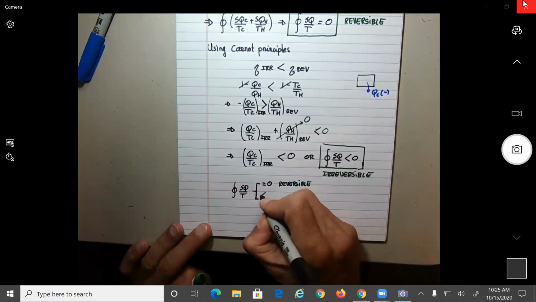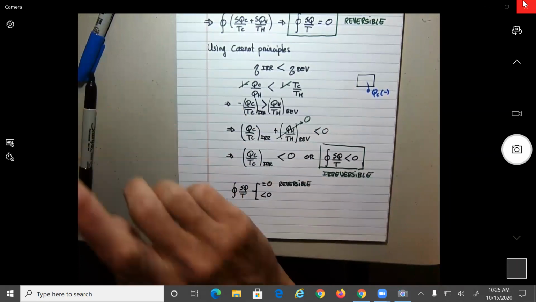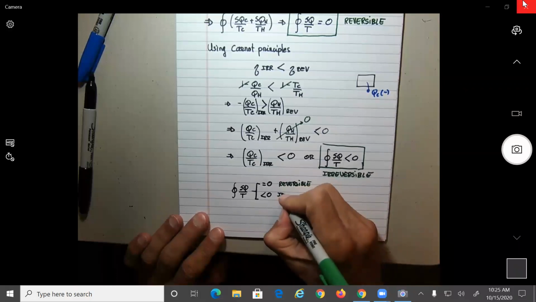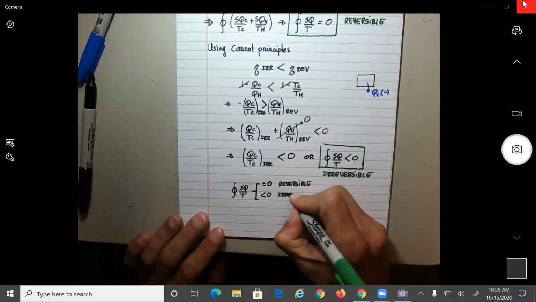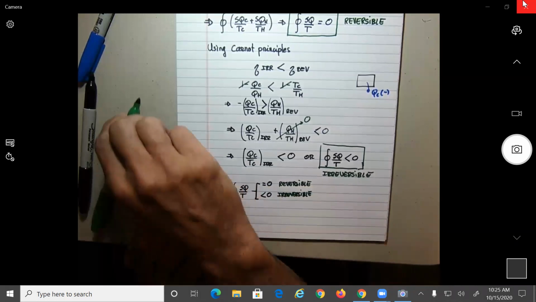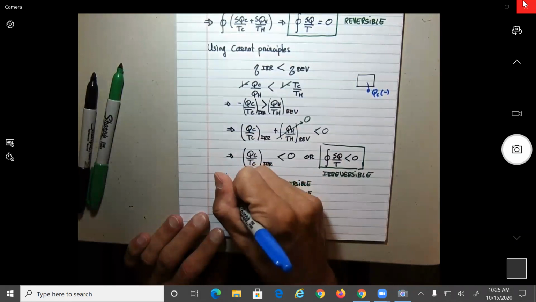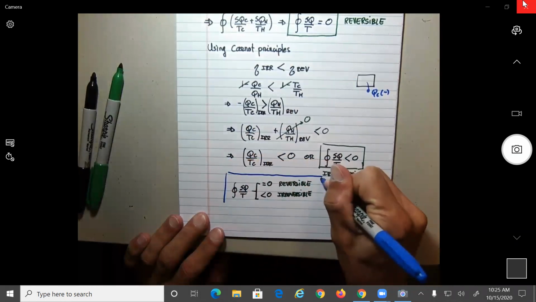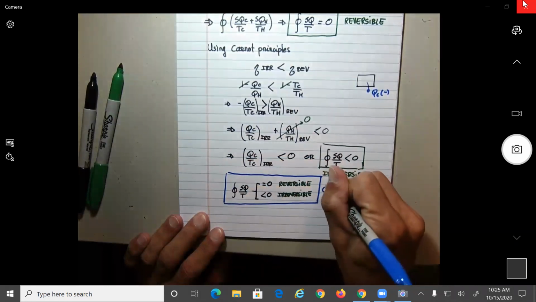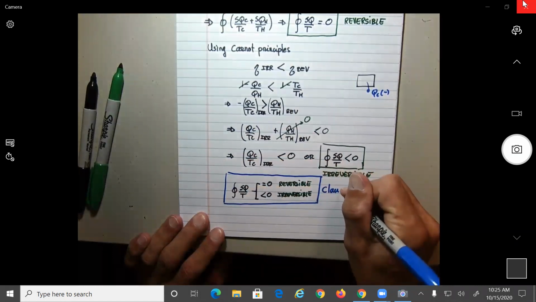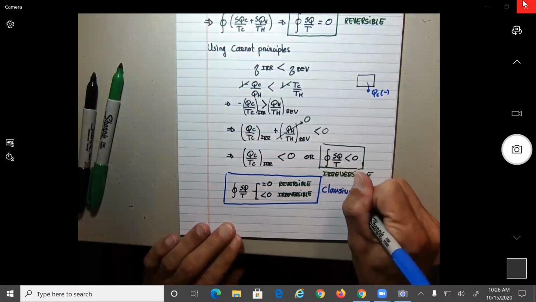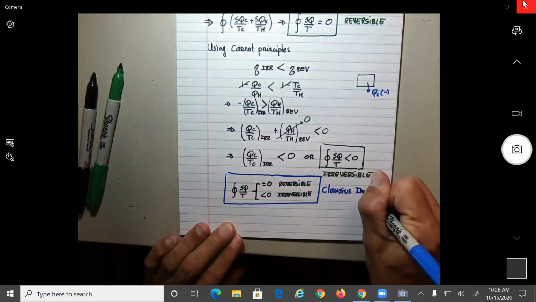And if it is negative, but just don't think about negative, think about just different than 0, it will be irreversible. Okay, and this is what is known as the Clausius inequality or theorem.